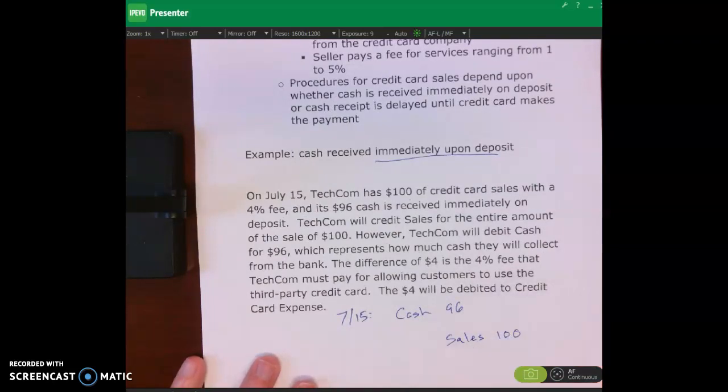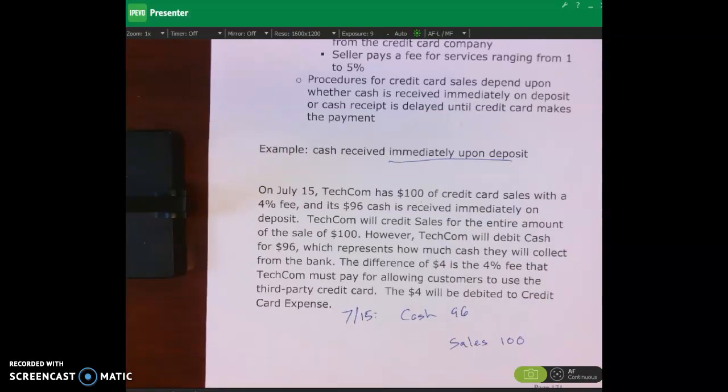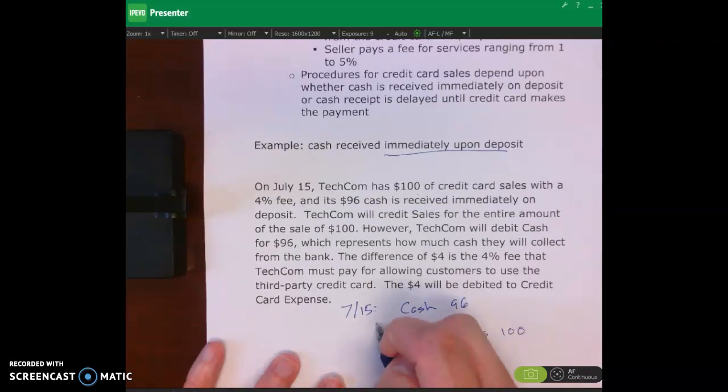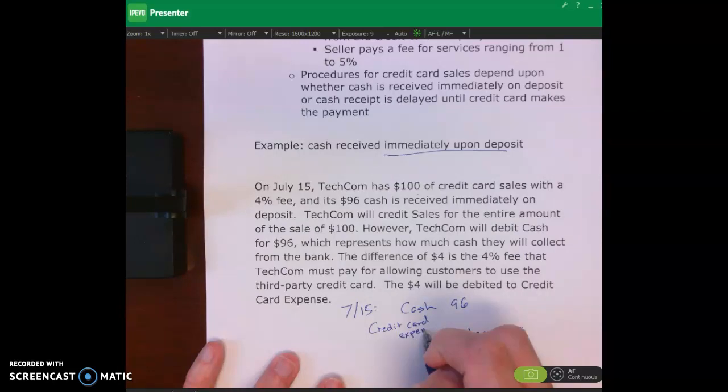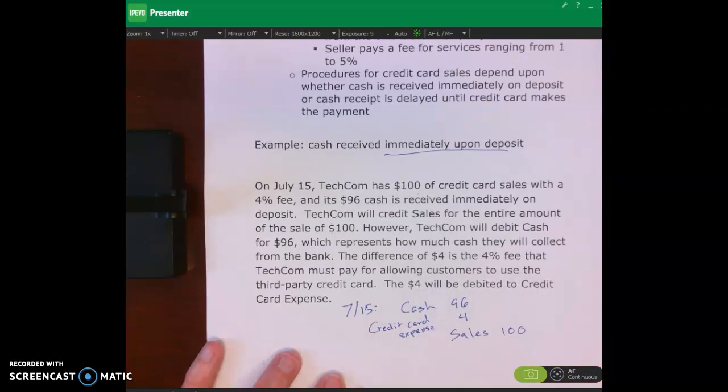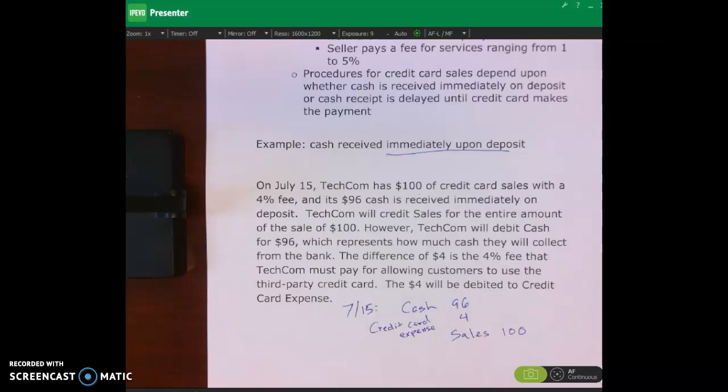And what you know is that debits have to equal credits, so we're missing a debit here. It goes to credit card expense. Okay? Debit cash, $96, debit credit card expense, $4, and then credit sales for $100.